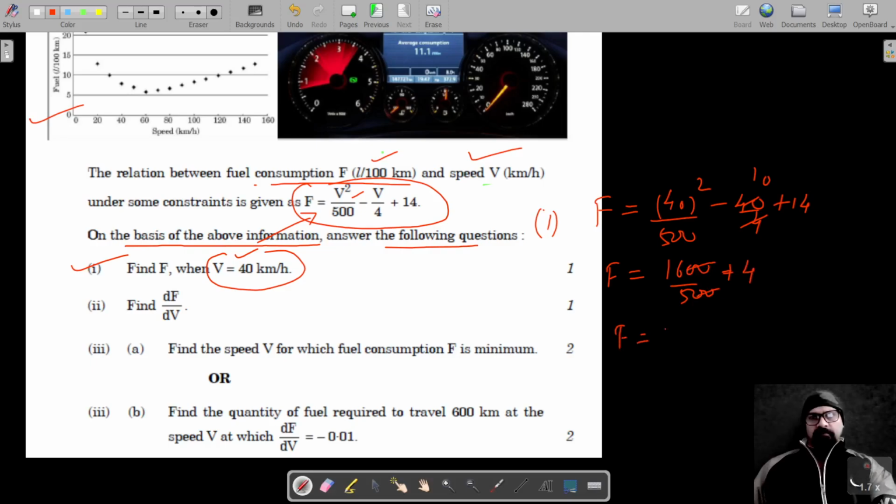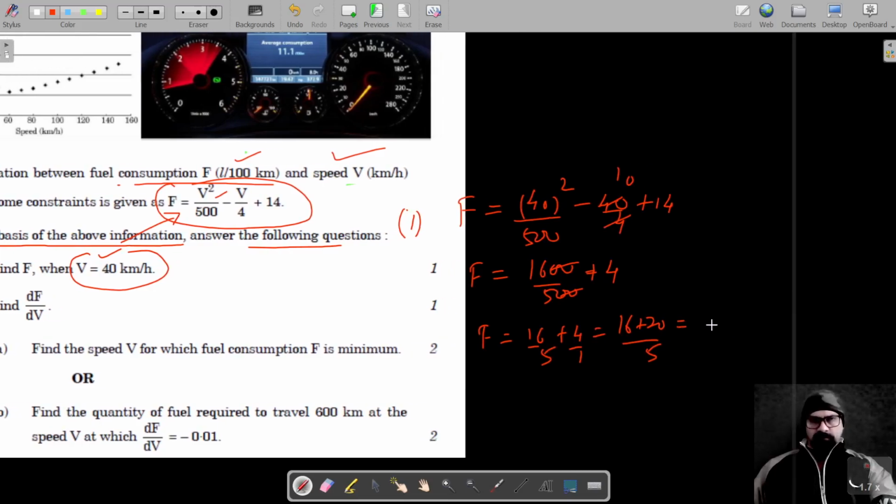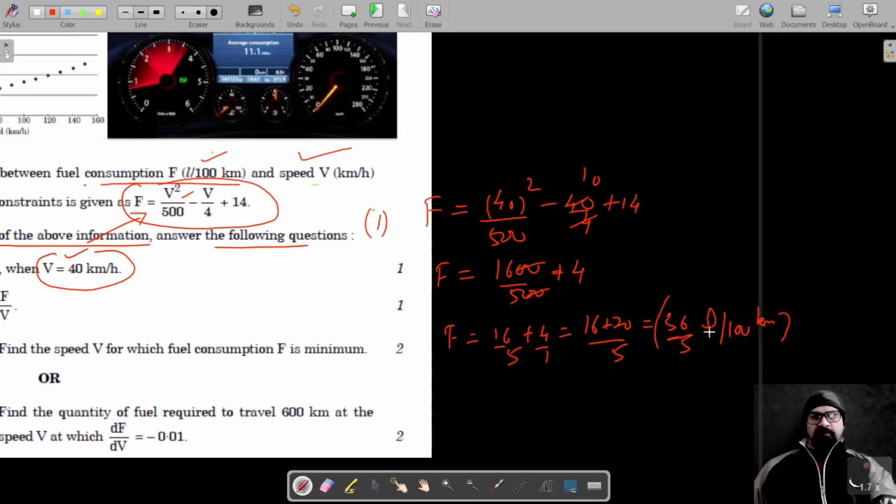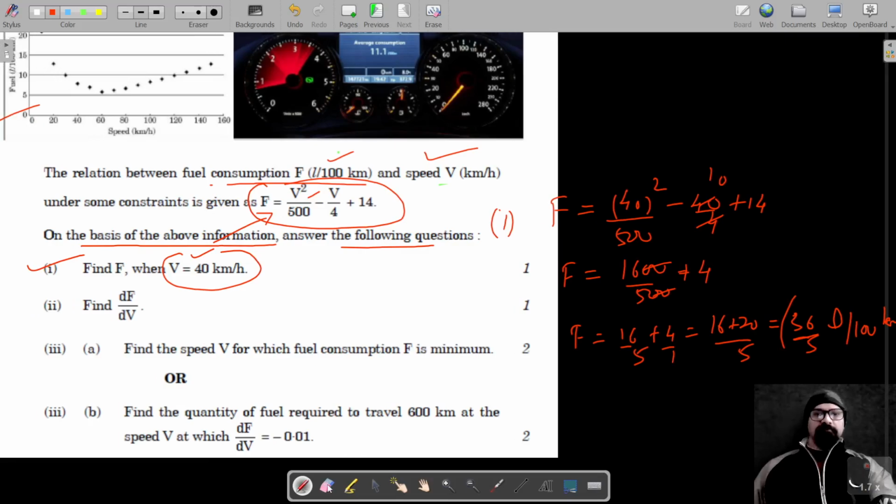So this is 16 by 5 plus 4, which is 16 plus 20 by 5, that is 36 by 5 liter per 100 kilometer. This is the fuel consumption when the speed is 40 kilometer per hour.